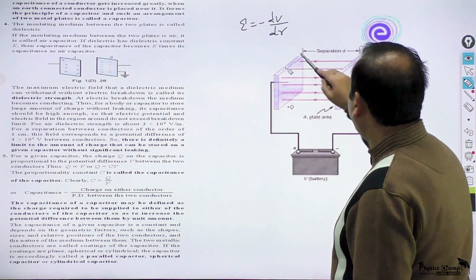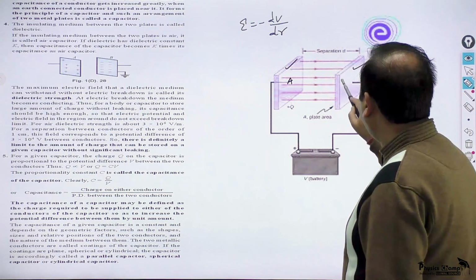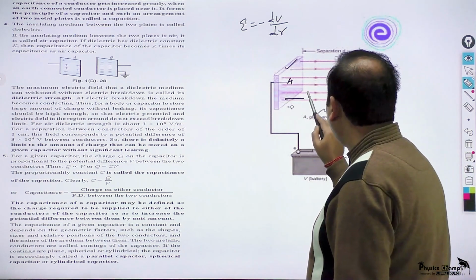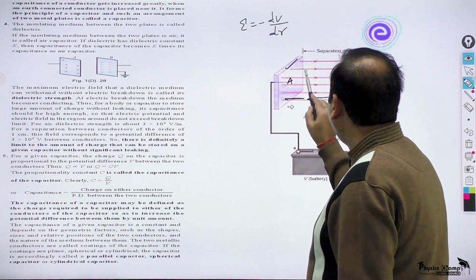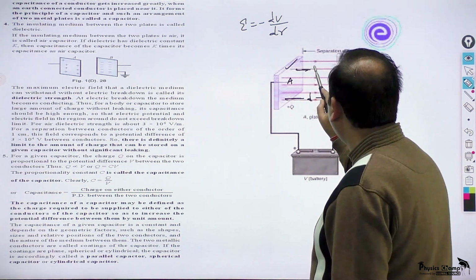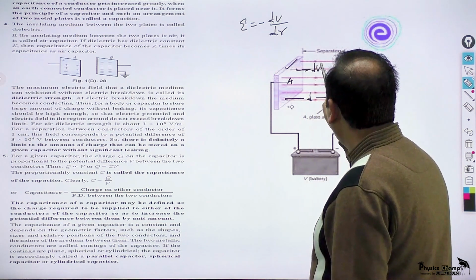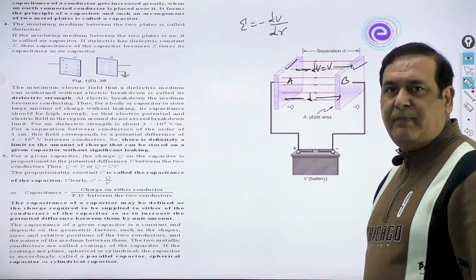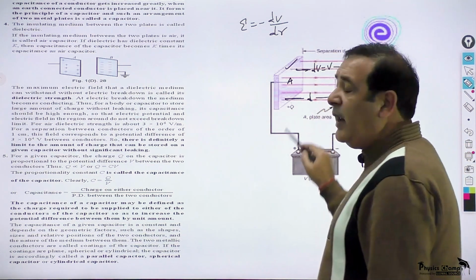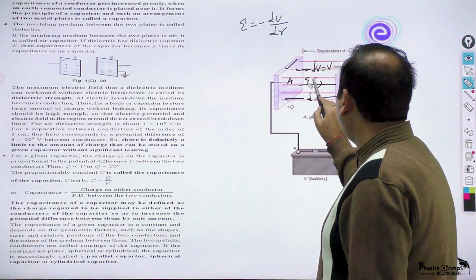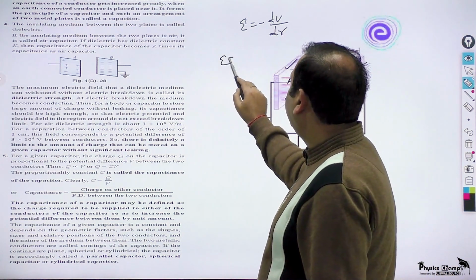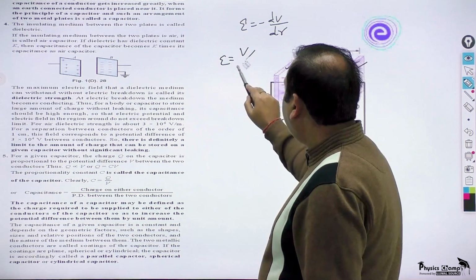So you have two plates here, plate A and plate B. The separation between them is d, and the potential difference between them, instead of dV, we call it V in capacitors. So if you are relating with the electric field, the amount of electric field here, this relation is E is equal to V by d.